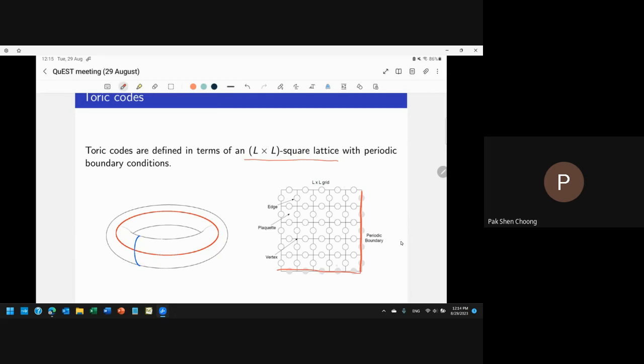If you go up to here, you will appear here. If you go up to here, you will appear here again. The circles that you see here are the qubits. And this whole thing is called the plaquette.